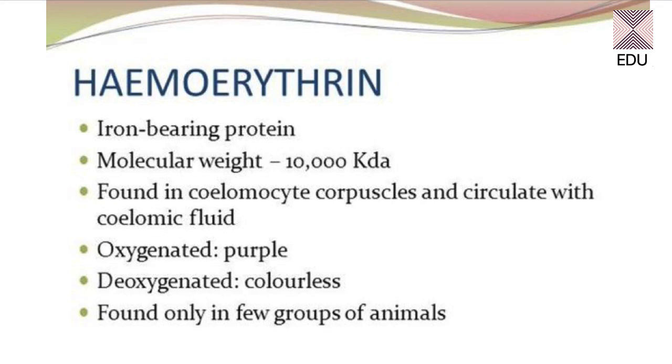So if we take the coelomic fluid of some invertebrate, the coelomic fluid is colorless. The coelomocytes which have the hemerythrin may be purple in color if oxygenated, and colorless if deoxygenated. They are found only in a few groups of animals.